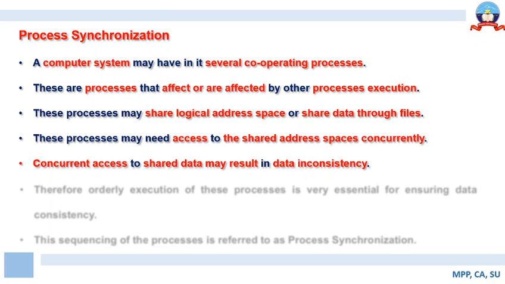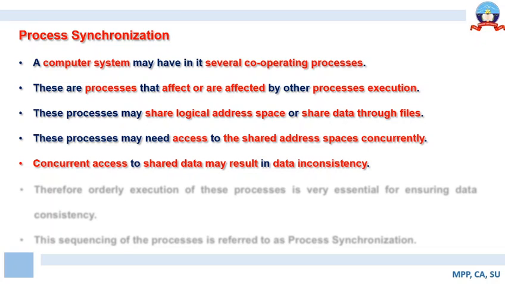Now, there exists a typical problem with concurrent execution. Concurrent execution calls for concurrent access to shared data, which may result in data inconsistency. Data inconsistency basically refers to hampering the integrity of the data that is there in the computer system.